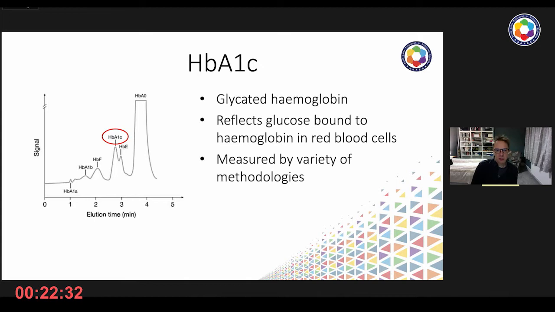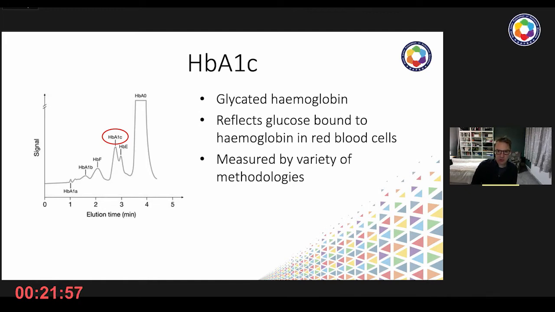So you're all very familiar with HbA1c. HbA1c measures glycated hemoglobin, reflects the glucose that is bound to hemoglobin in red cells, and can be measured by a variety of methodologies. But the general principle, as illustrated here on the left, is that hemoglobin is eluted in an electrophoretic process, and the peak of HbA1c is measured and expressed relative to HbA, either as a percentage or as millimoles of HbA1c per moles of HbA.